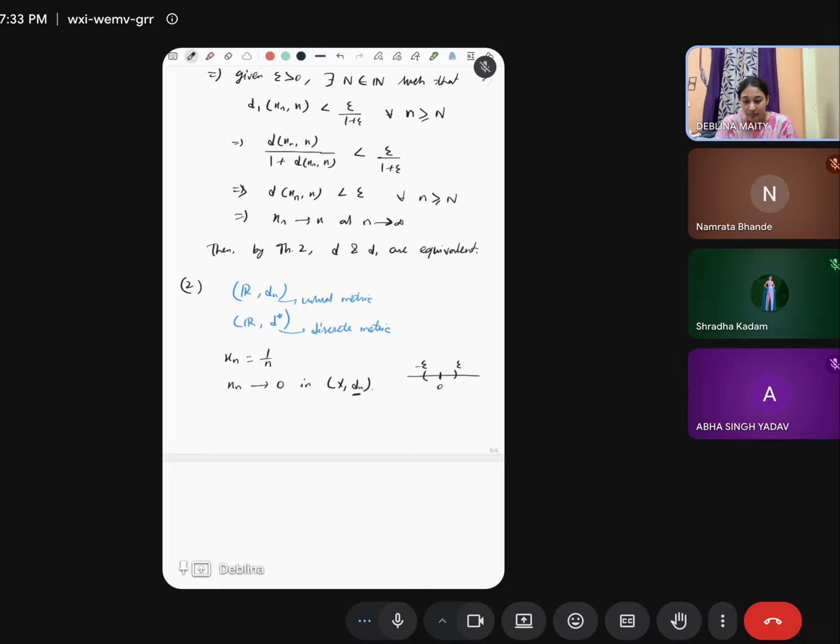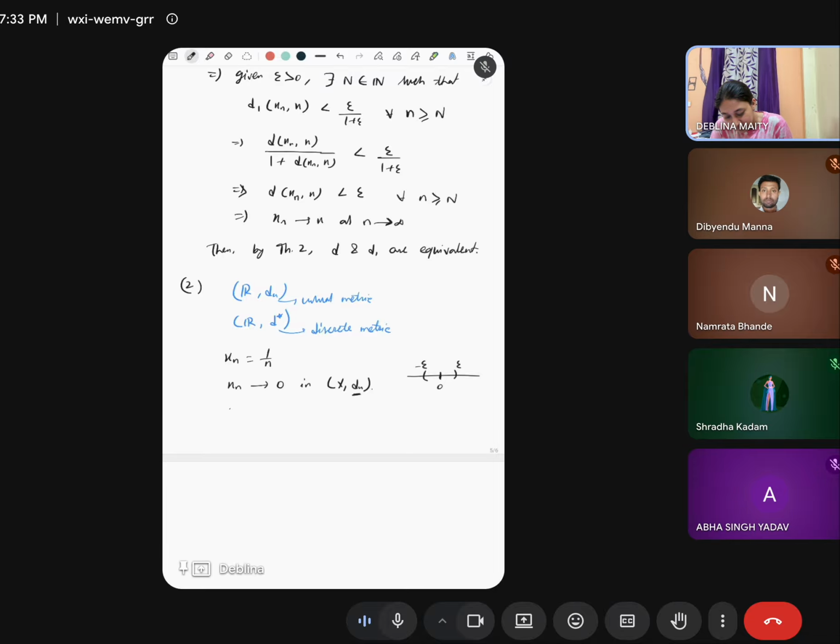Suppose xn converges to 0. This means every neighborhood of 0 must contain xn.